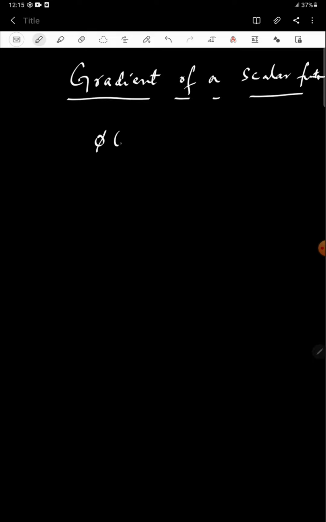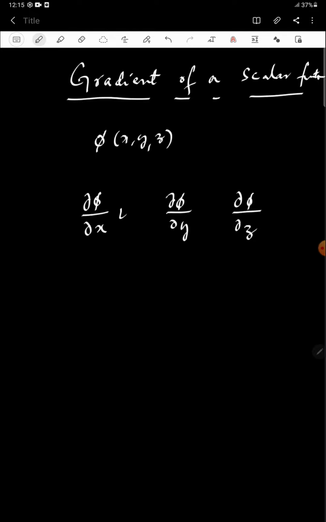If phi is a function of x, y and z, then find the partial derivative of phi with respect to x, with respect to y, and with respect to z, and multiply them with the vectors i, j and k. Adding all of this becomes a vector, and that vector is called the gradient of phi.